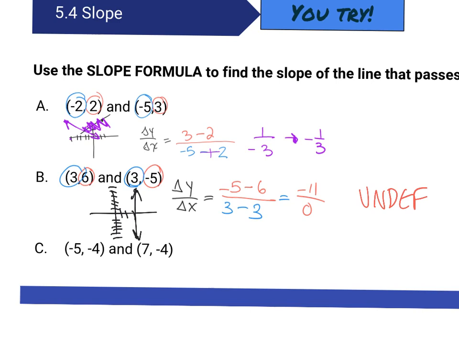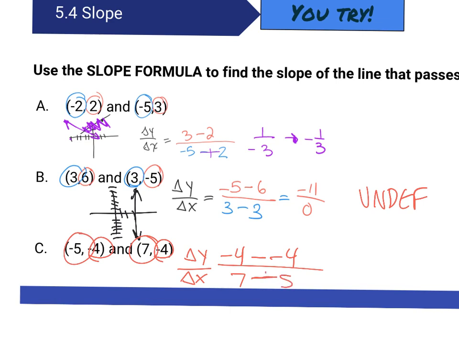As opposed to the next one, the change of y: -4 minus -4 over the change of x, 7 minus -5. Both of these become positives. 0 over 12. 0 divided by anything is 0.